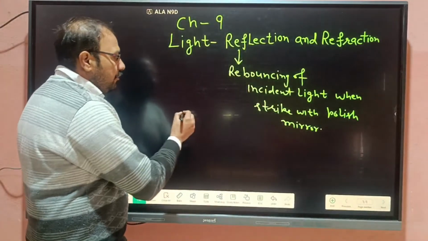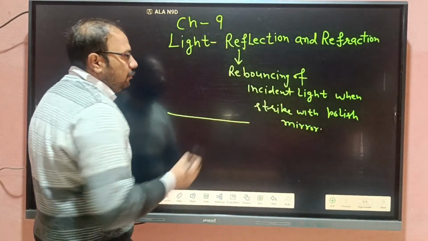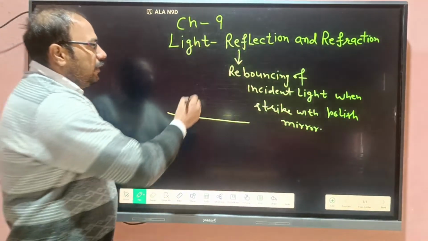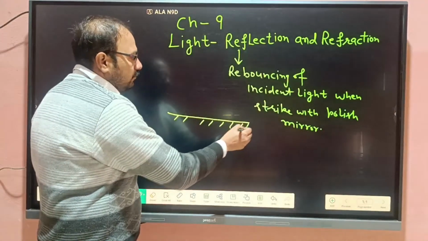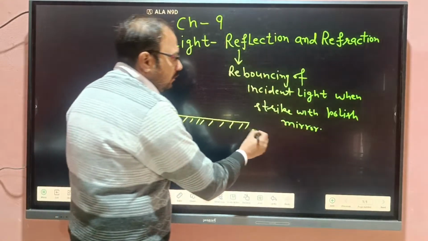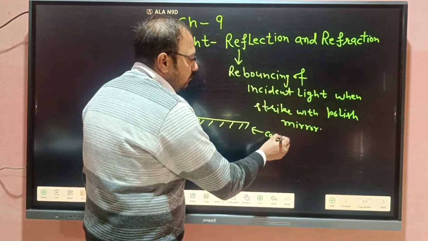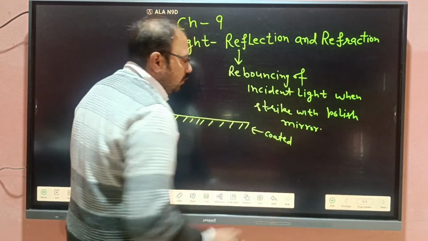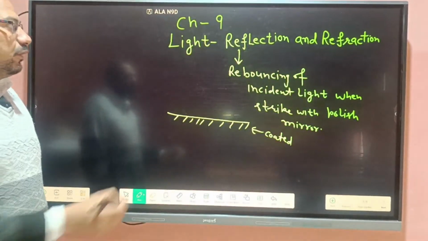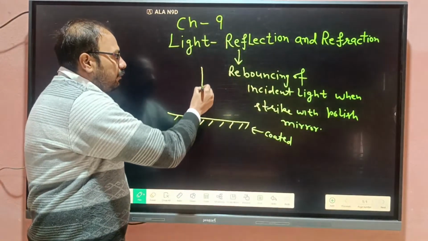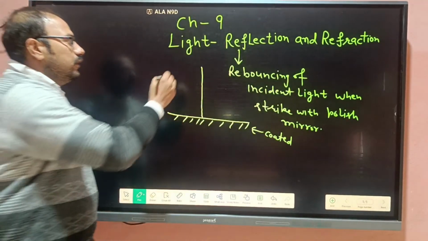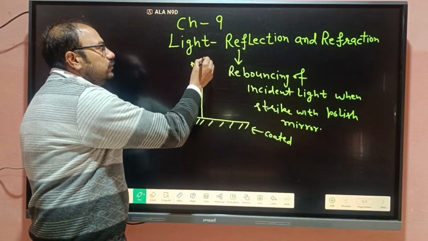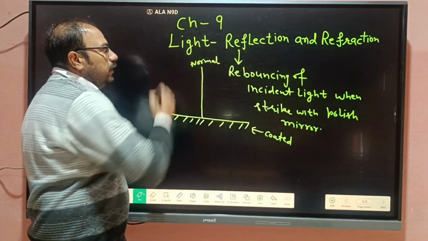For example, this is a plane mirror and this plane mirror's back surface is polished, so that is coated. We take a perpendicular, and that perpendicular is known as the normal.